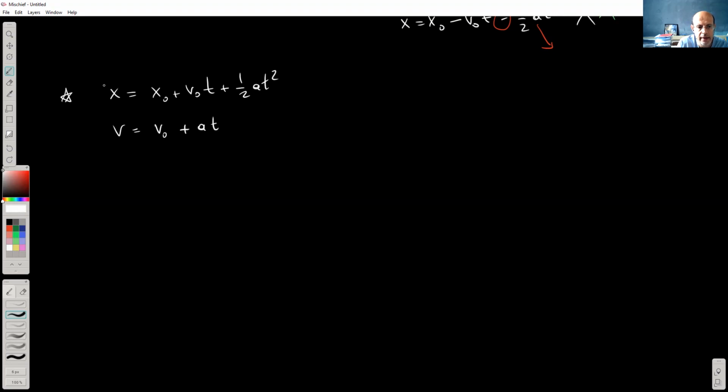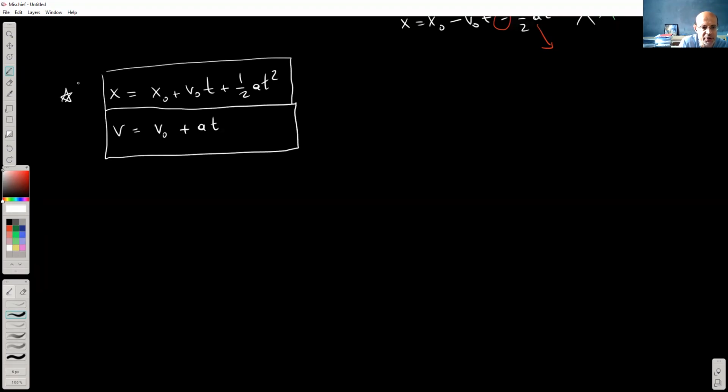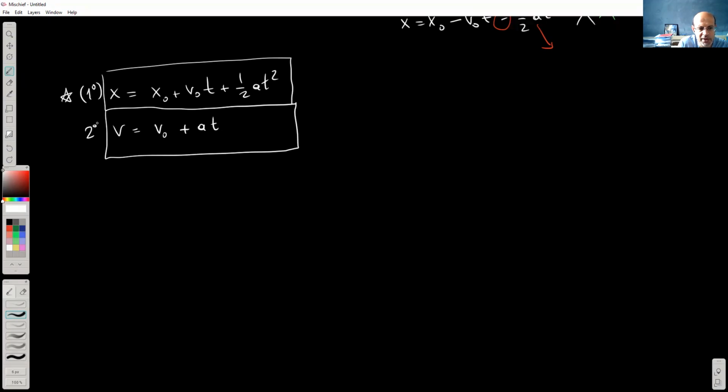Let me box them, and I'm just going to number them like this, 1 and 2 in here. Some people just write the numbers like that, so that I can distinguish it from other numberings that I use.